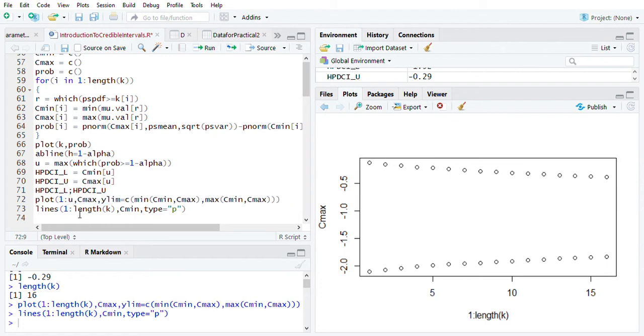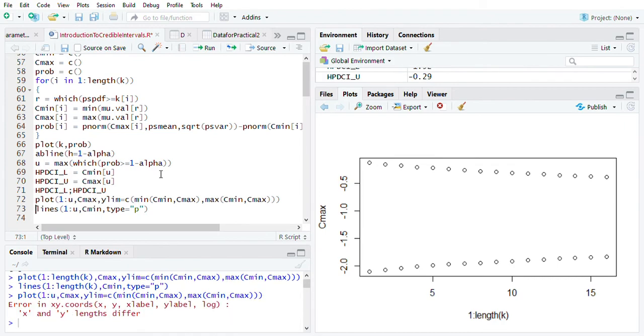So instead of plotting all these values, we should plot only points up to u. U denotes the maximum index at which the coverage probability is at least 1 minus alpha.